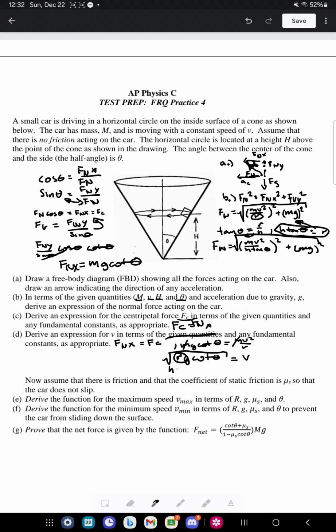So h tan theta times g cotangent theta, all under a radical, equals your velocity, and tangent theta and cotangent theta cancel out, so the velocity is equal to the square root of h times g.